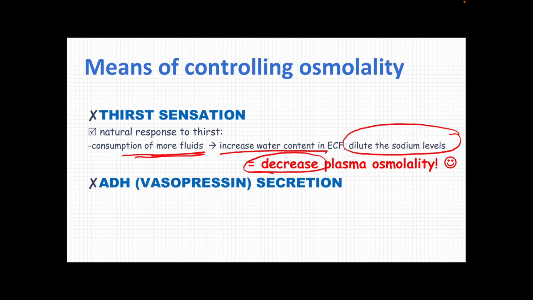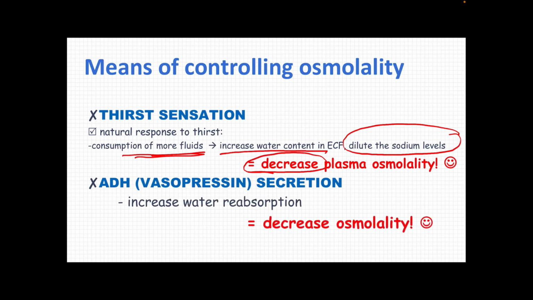Next one, for ADH or vasopressin secretion, the ADH is secreted by the posterior pituitary gland, and once it is released, it would stimulate the collecting ducts of our kidney to increase water reabsorption. And just like thirst sensation, it would decrease the osmolality. Take note of this one.